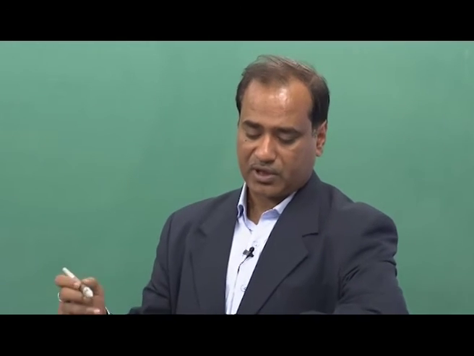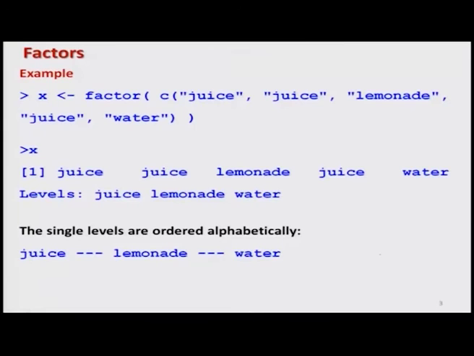Okay. So, now if you see in this example, I have simply taken a vector of some strings, and there are 5 observations. First observation is juice, second is juice, third is lemonade, fourth is juice, and fifth here is water. And these values are combined by the c operator, and we are interested in finding out the factor of this vector.